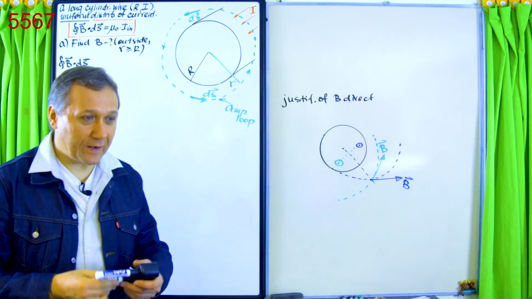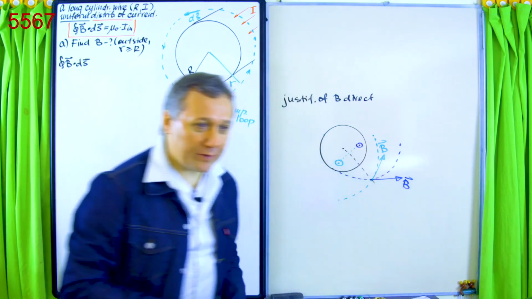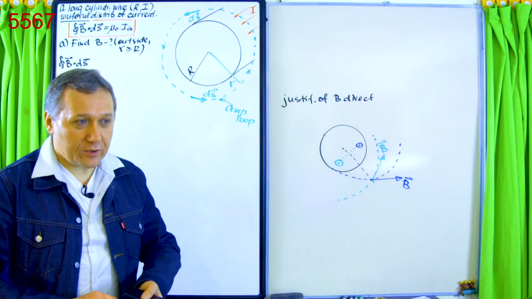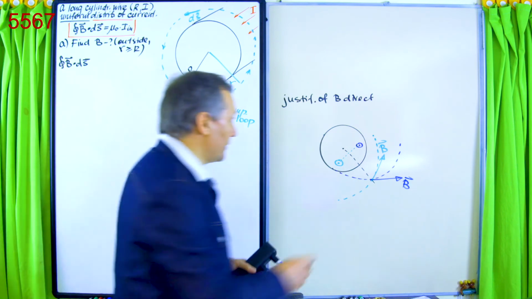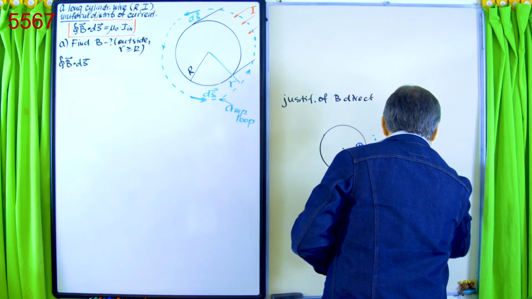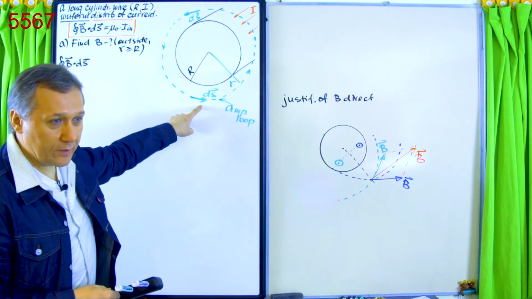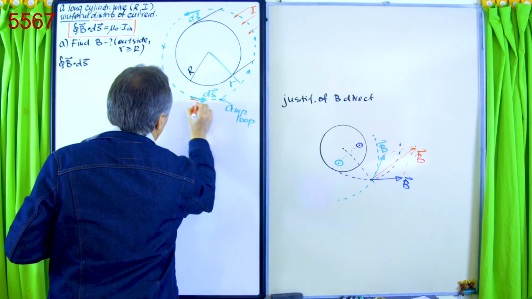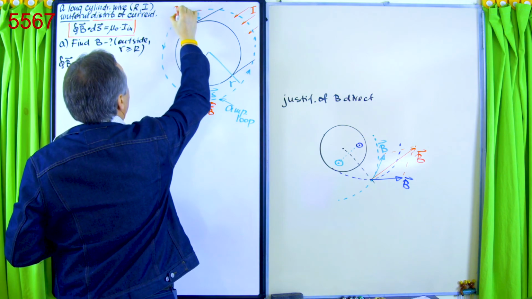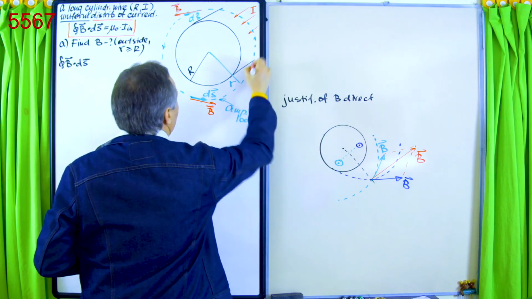Now if I add them up, the radial components of this green field and blue field cancel each other, and only tangential components survive. They will add to each other, and you will end up with this direction of the net magnetic field. So as a result, over here, I can draw B, here B as well, and at any other points. For example, a point over here, I can draw B.